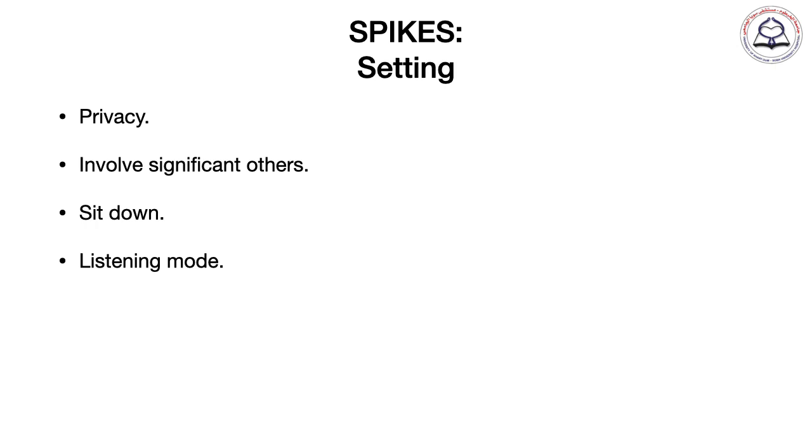Also, during the setting stage, you can allow the patient to involve significant others. Especially if they are elderly or frail, sometimes they need a family member or a friend to be with them, and this should be welcomed.